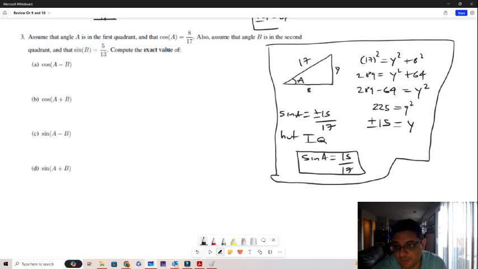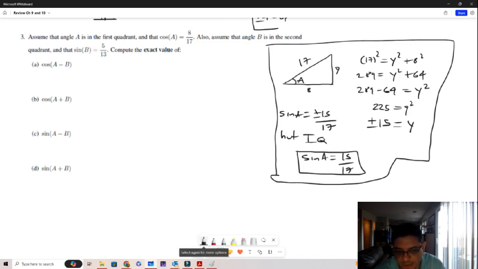So now I can do the same thing for B. And just remember that if you prefer to do this with the trigonometric identity, you can also do so. This is just one way of doing things, and it's going to lead to the same place overall. So let me just do it here.